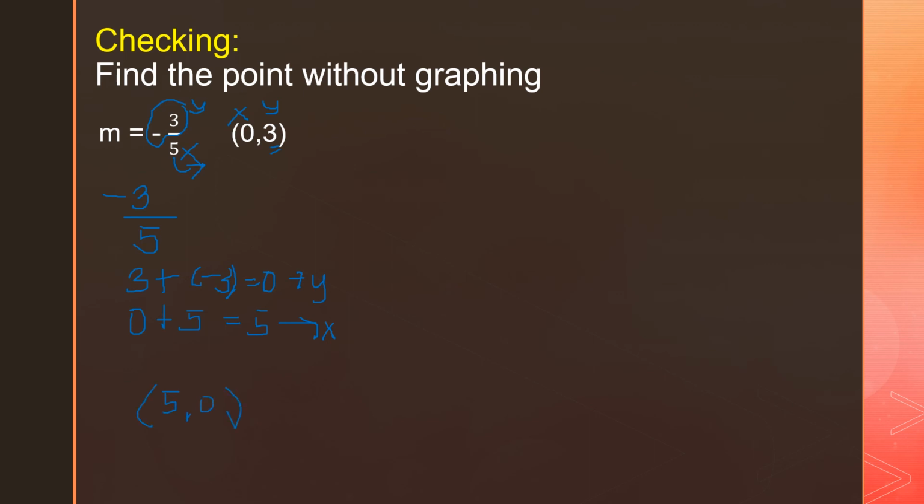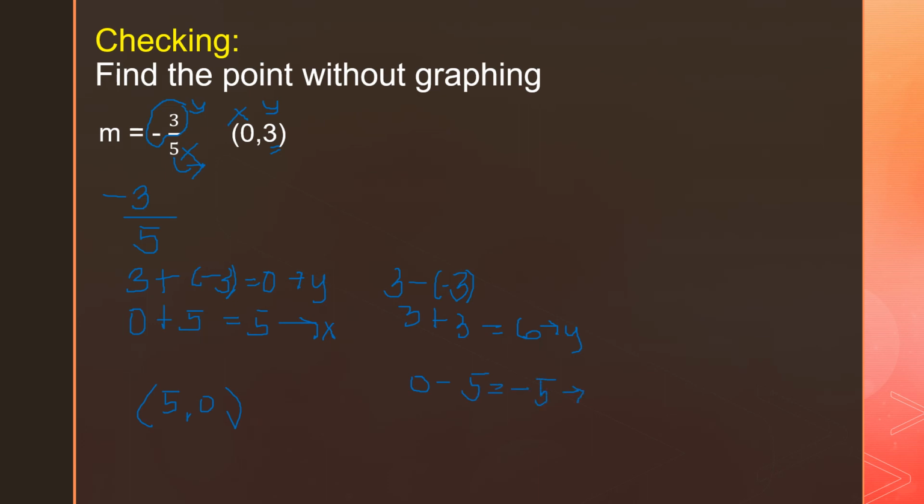If you want subtraction, that will be 3 minus negative 3. So 3 minus negative 3 will become 3 plus 3, which will give us 6. So 6 is our y. And then for our x, we have 0 minus 5, which will give us negative 5.